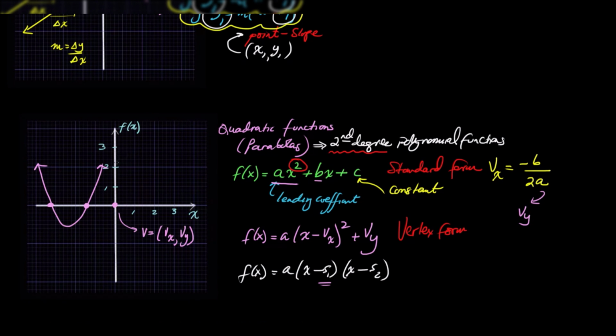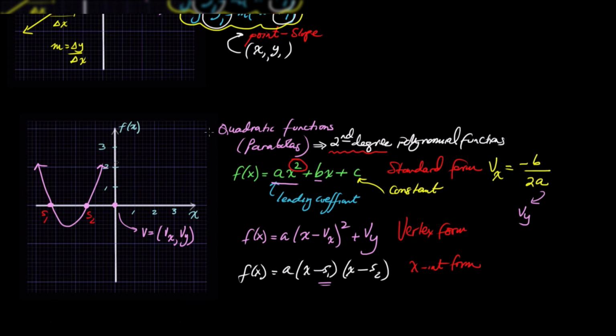So if it has x-intercepts, it will give you the x-coordinates of those ordered pairs. The y-coordinate of the x-intercepts will be 0, of course. So this is the x-intercept form of the parabola, of the second degree polynomial function.